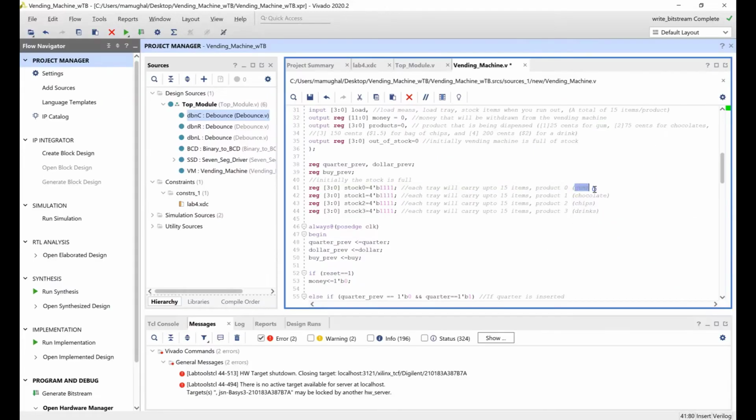Gum is 25 cents, chocolate is 75 cents, $1.50 for chips, and drinks is $2. Maybe I can write it down over here. So this is going to be $1.50, this is going to be 75 cents, and this is going to be 25 cents.